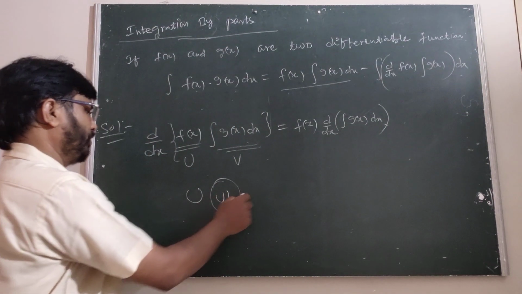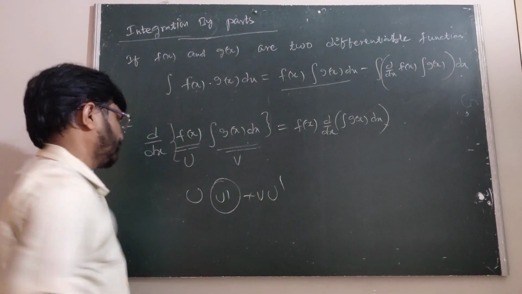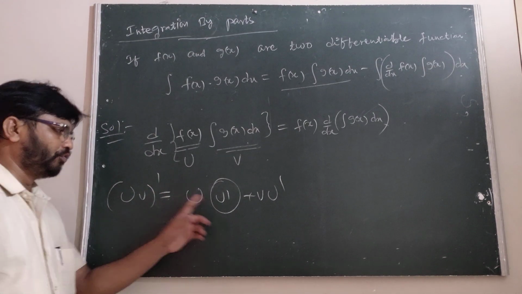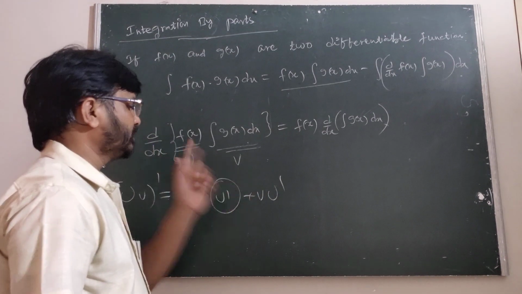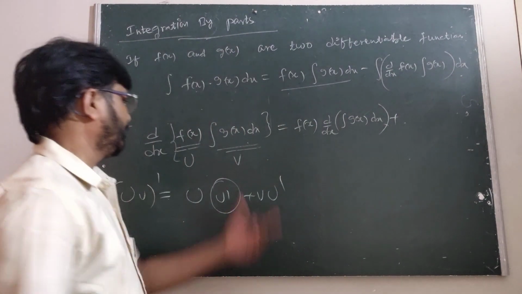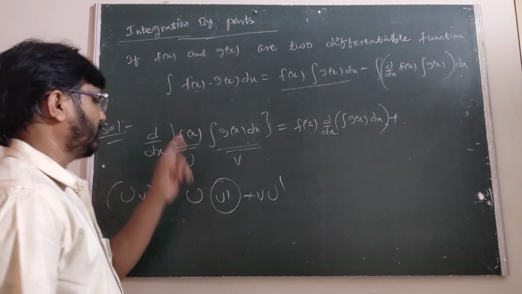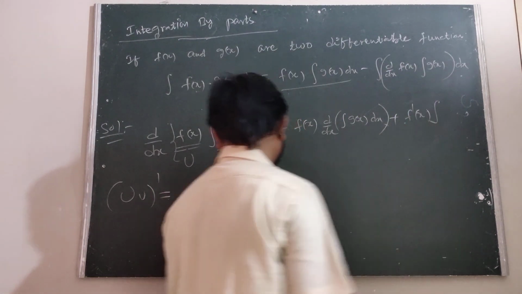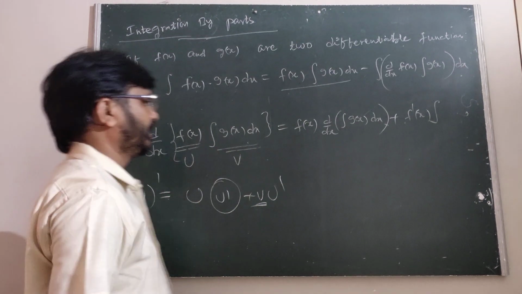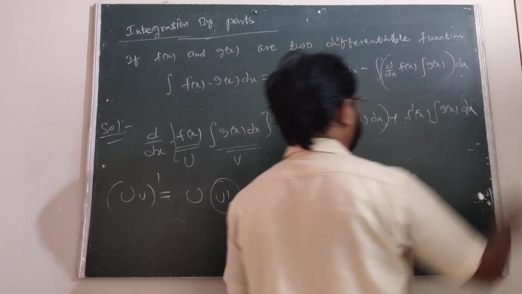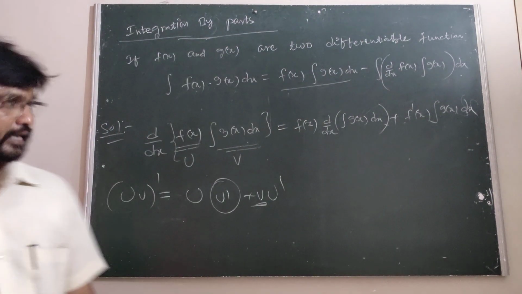Next one, uv' plus vu' is (uv)'. What is the form of (uv)'? uv' plus vu'. What is v? v is the integral of g(x) dx, and u' is f'(x). Is it clear?